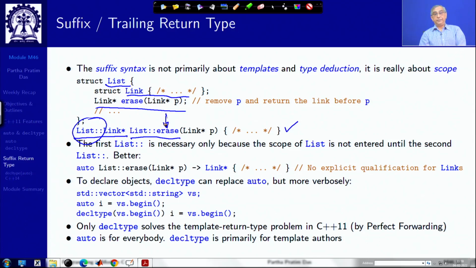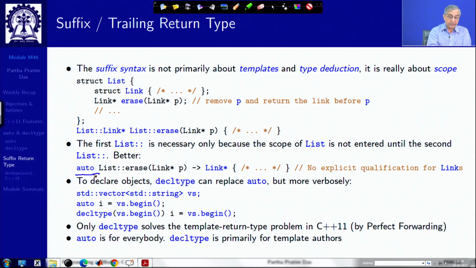Now, this list::link* is required because you get to know that this is a member function erase, the member function of list, only after you have come to this point, but you need to know about link* before that, right. So, you need to write it twice. Now, what you can do is just write an auto here, so you are just directly writing the member function.